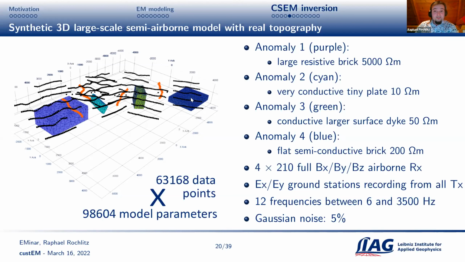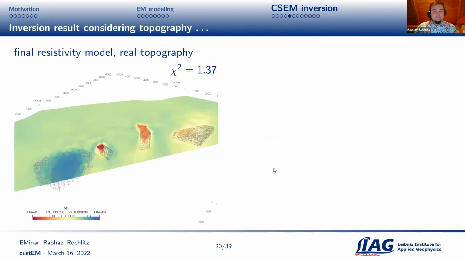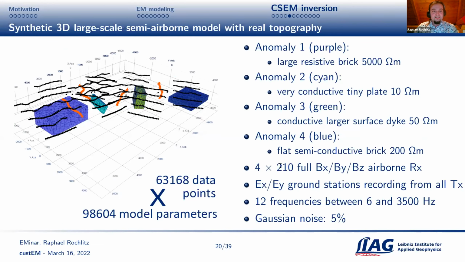From left to right, we have 5,000 ohm meter, a very thin anomaly, which is highly conductive, a larger dike with 50 ohm meters, and everything is located in the 500 ohm meter half space. The amount of data is 4 times 220 receiver stations for each transmitter. So we have four transmitters, and each transmitter has 220 observation points with all three magnetic field components.